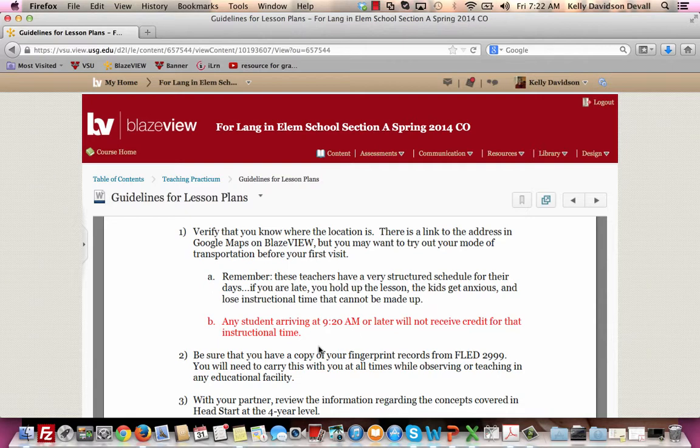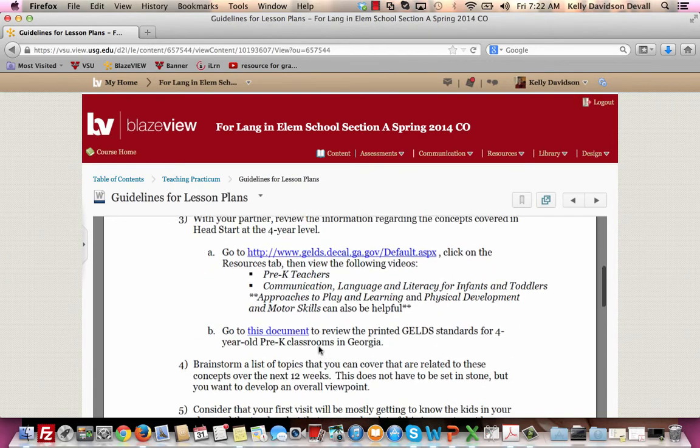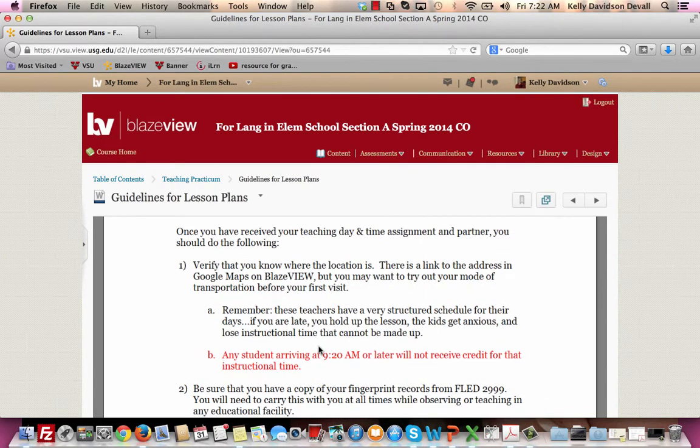And these teachers have things very tightly structured for the kids because, as you'll see, things need to be very well laid out and scheduled for kids this age. So if you're not there on time, ready to start at 9:15, then that presents a problem both for the teachers and the students. So you need to be there by 9 o'clock. So be sure to read this over very carefully.